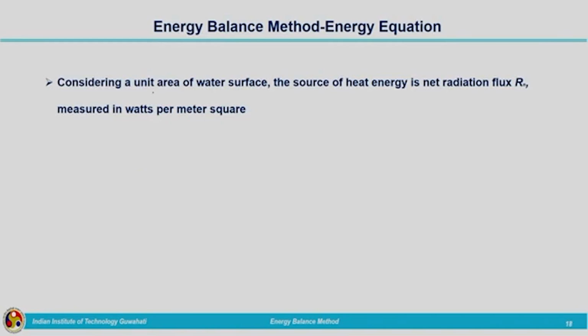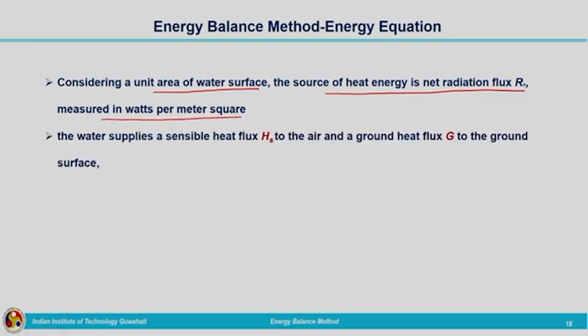Now, we can consider unit area of water surface. The source of heat energy is net radiation flux, that is Rn, measured in watts per meter square. And the water supplies a sensible heat flux Hs to the air and a ground heat flux G to the ground surface, that we have already seen. So, we can write dH by dt, that is the time rate of change of heat energy.